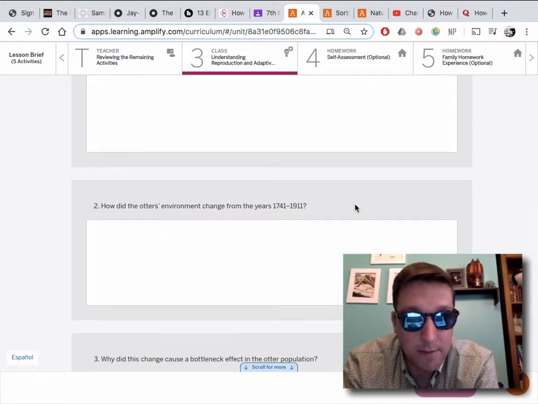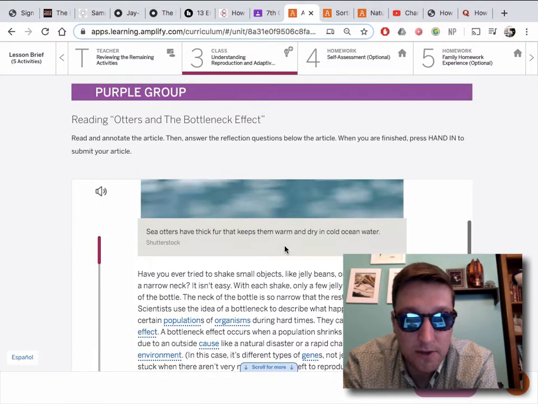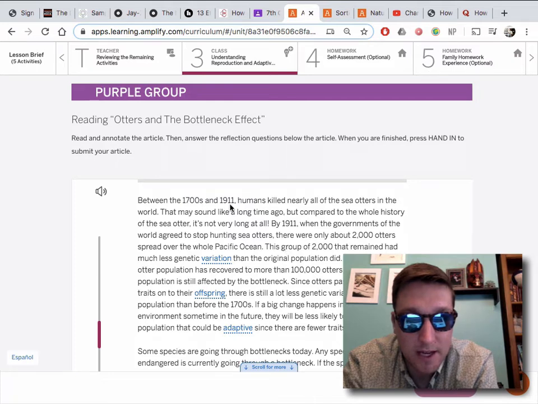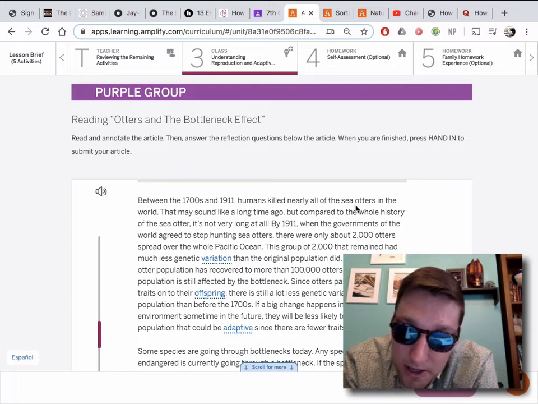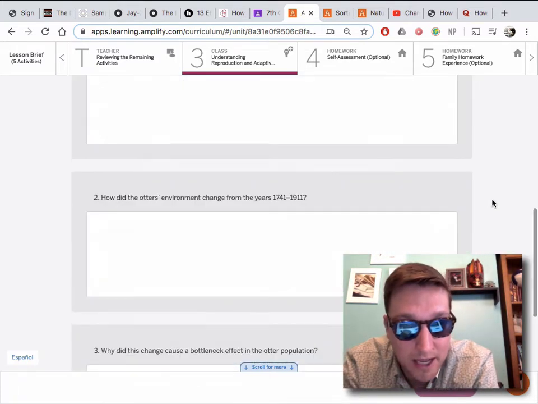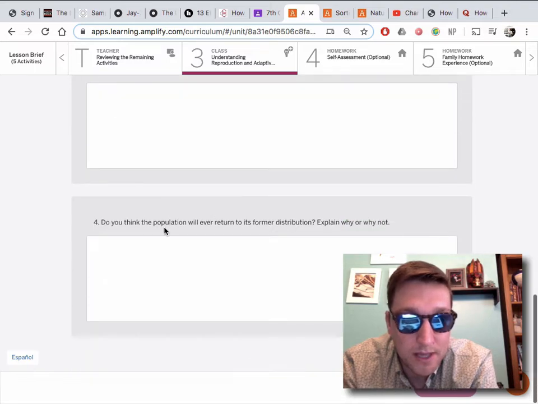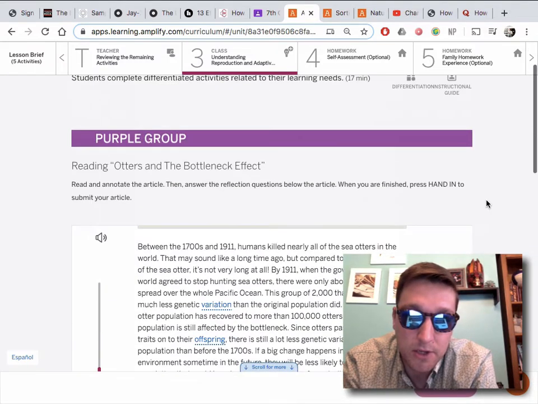How did the otter's environment change between 1741 and 1911? So let's look for those keywords. Okay, 1700s to 1911. Oh no, humans killed nearly all the otters, so that's probably what caused the bottleneck. Do you think the population will ever return to its former distribution?